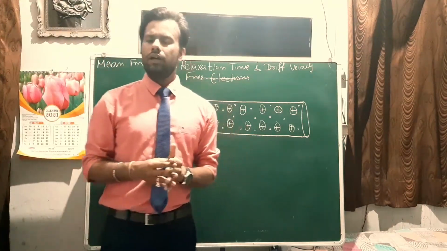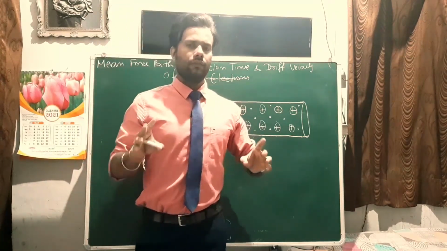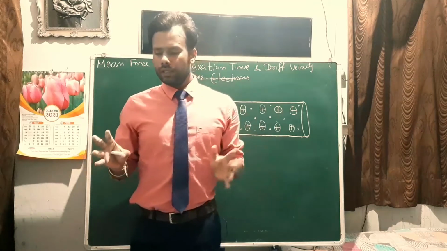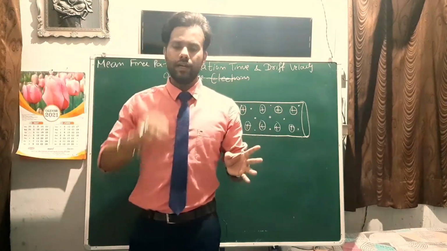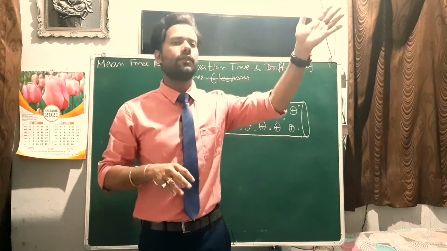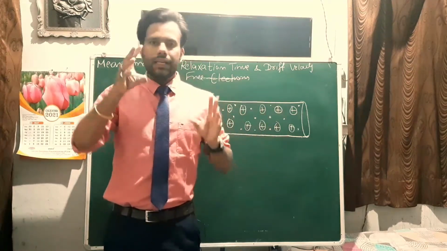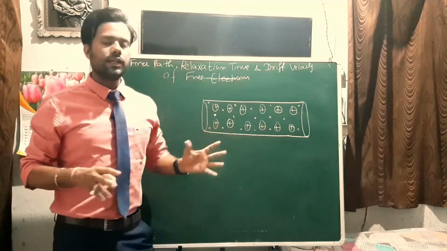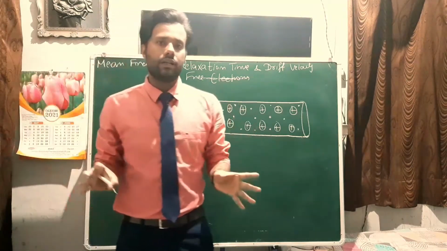You have studied in class 8th, if we consider a gas, then the molecules of the gas move in random directions, right? One molecule moves in this direction, then it collides with some other molecule, then it returns from its path. Similarly, electrons move inside the conductor like an electron gas. They move in random directions.